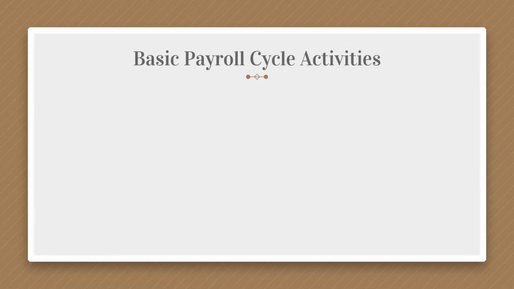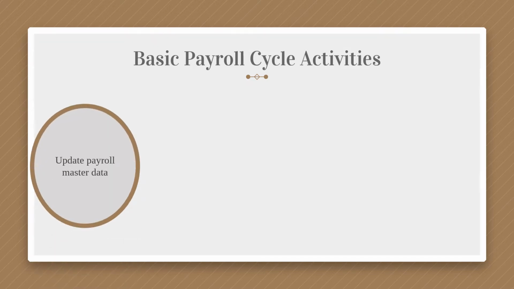Before we go to the payroll conceptual system, let's talk about the payroll cycle activities, starting by updating the payroll master data, meaning that if we have any new recruitment, we record the personal information, the salary, and the other compensation.